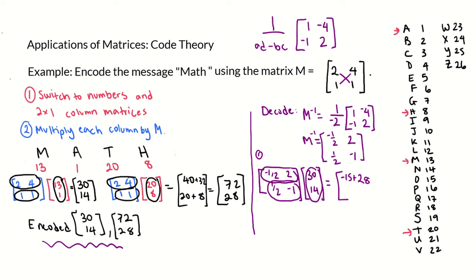Then 1/2 times 30 is 15, and then negative 1 times 14 is negative 14. So this first decoded part of the message is [13; 1].